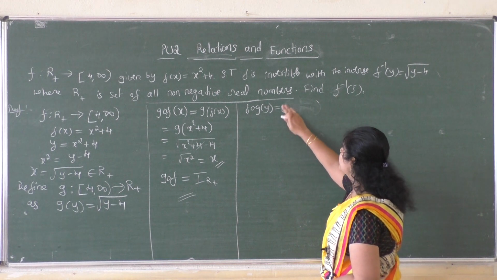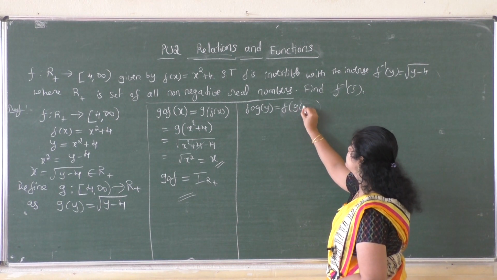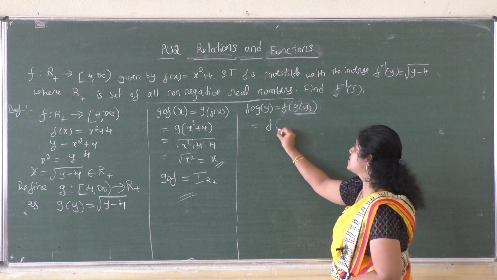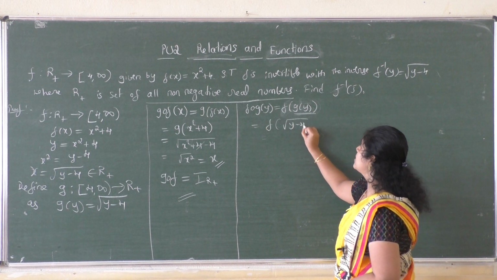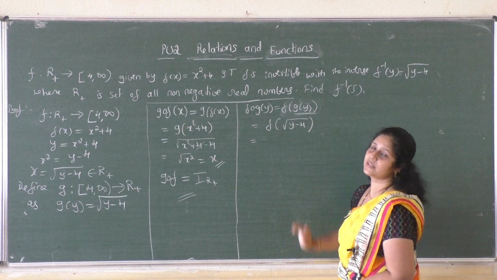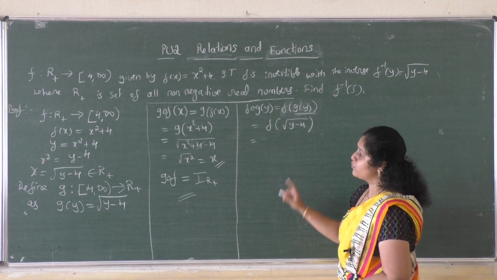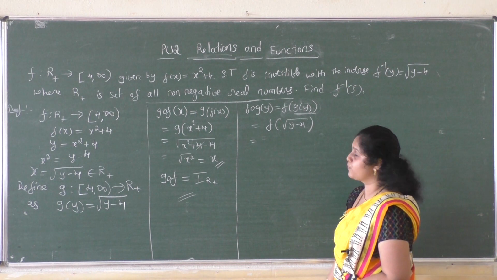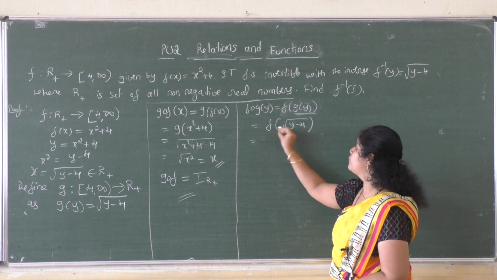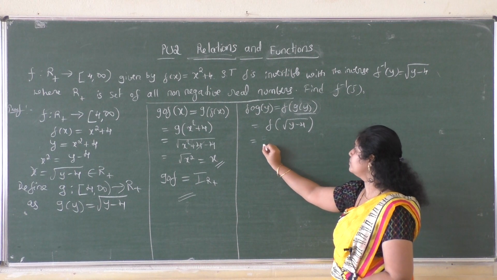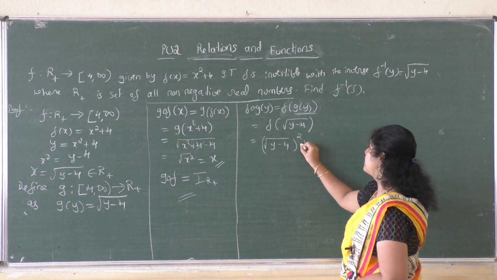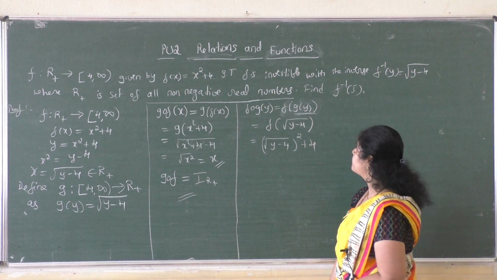Now I can write f of g of y, that is equal to f of root y minus 4, which is equal to, now this is f of x, f of x is x square plus 4. In the place of x we put root y minus 4. So f of x square plus 4, that is root y minus 4 square plus 4.